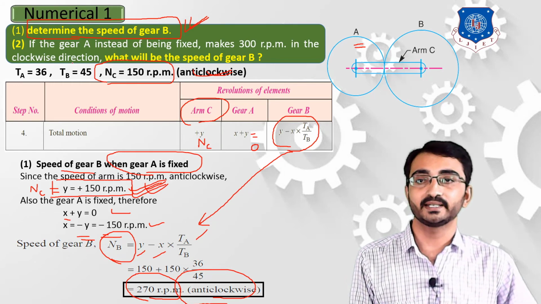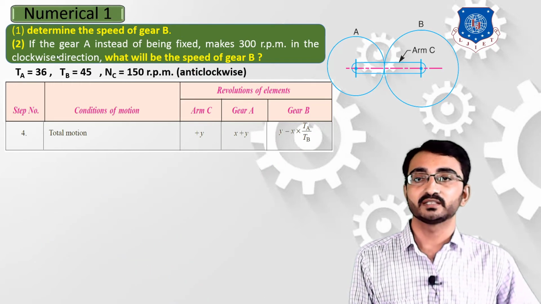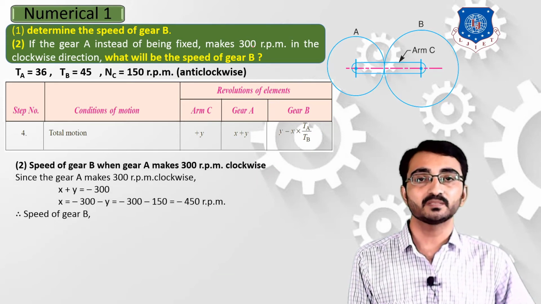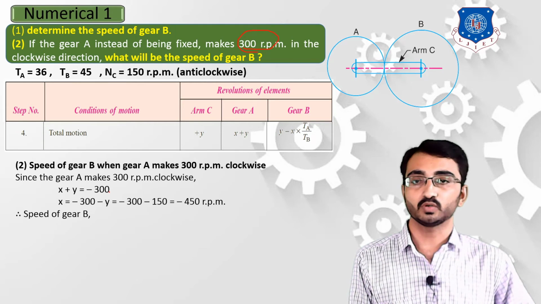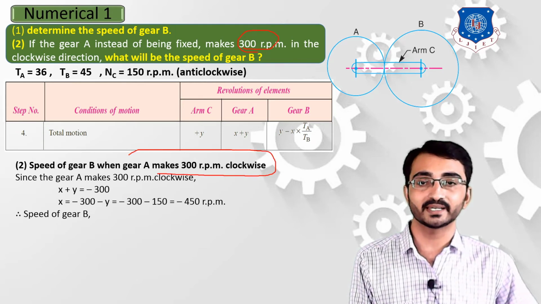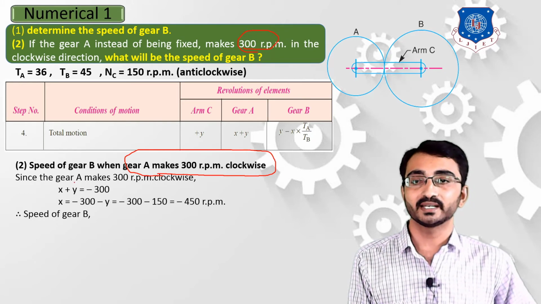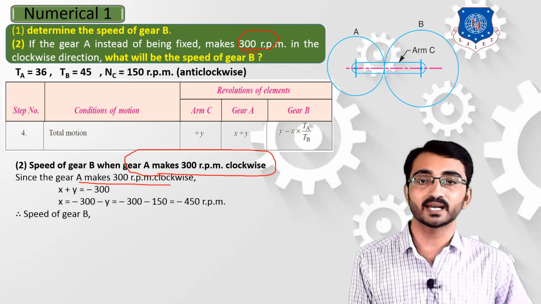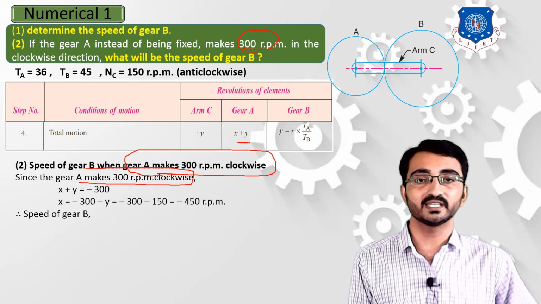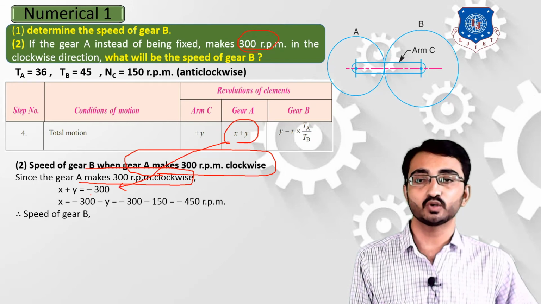Now the second condition. In the second condition they have mentioned that gear A, instead of being fixed, is making 300 rpm in the clockwise direction. So we have to consider that the speed of gear A is equal to x plus y, so x plus y is equal to 300.